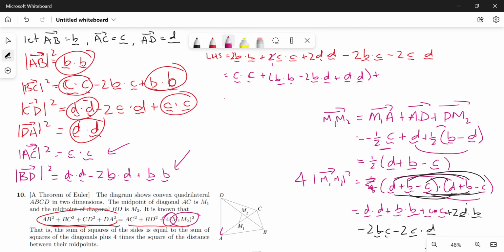So that already gives me the AC squared, because this is what I'm trying to show, right? And it gives me the BD squared. But what happened there? I used one of those b dot b's, I used one of the d dot d's, and I added in a negative b dot d, which we don't have. So I'm going to counterbalance that with a b dot d.